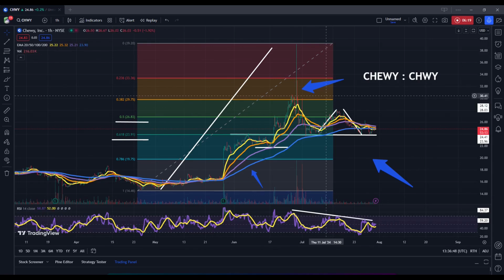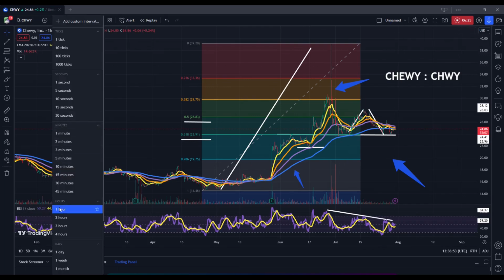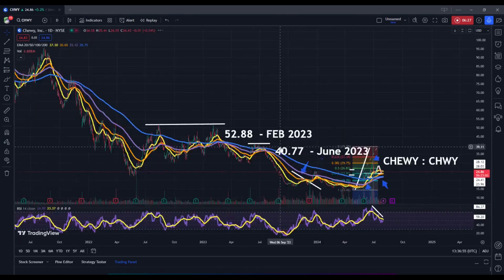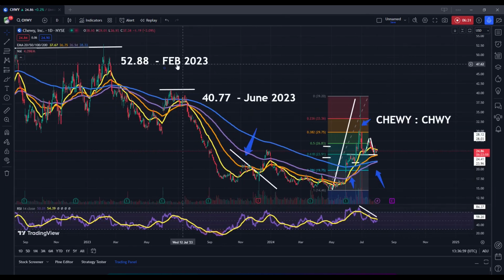If we're going to look at this stock from a risk to reward basis, if we pull out to the daily charts a bit here, we can see that the scope for possible gains here is much higher if we go back further in time. We did have this spike into 39 here.